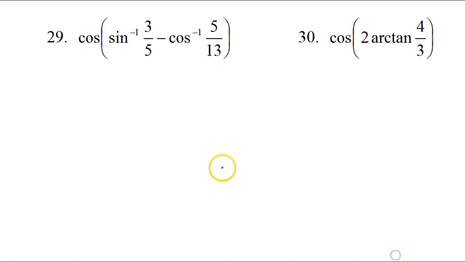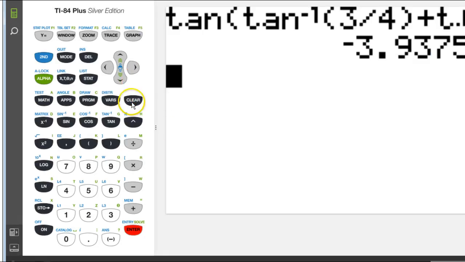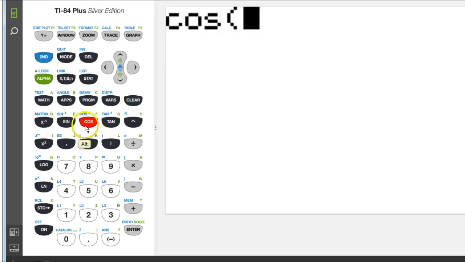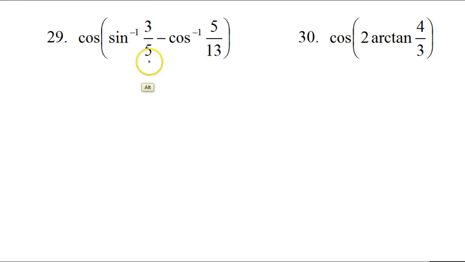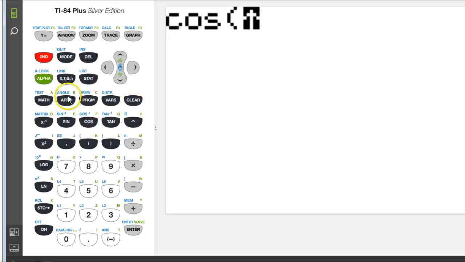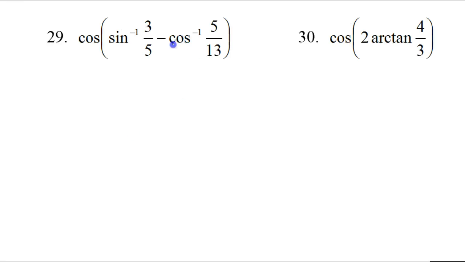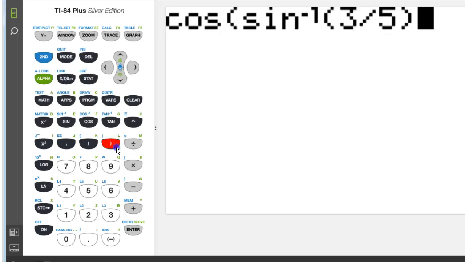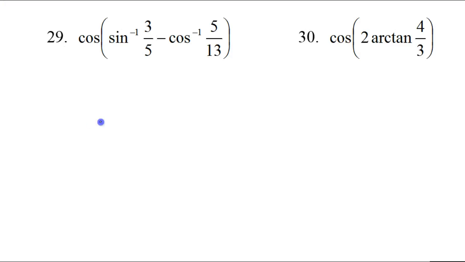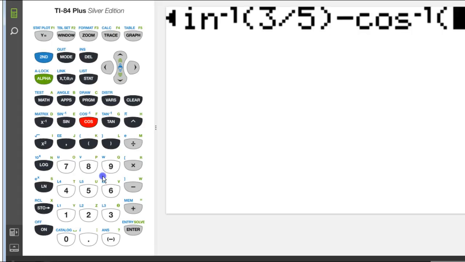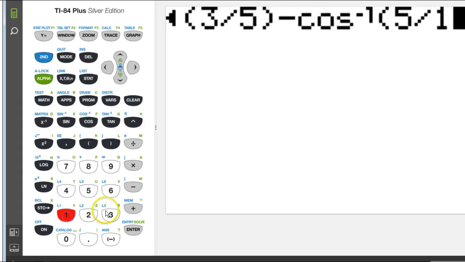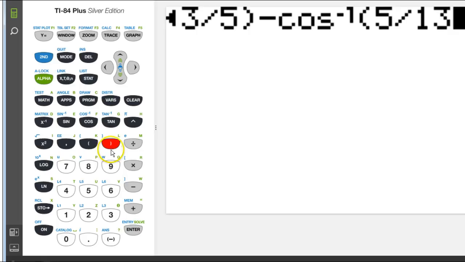Okay. Similarly, for number 29, we have a cosine function. So I'll start with cosine, and then I have inverse sine of 3/5. So here I go, inverse sine of 3/5, close the parentheses. Then minus inverse cosine of 5/13.